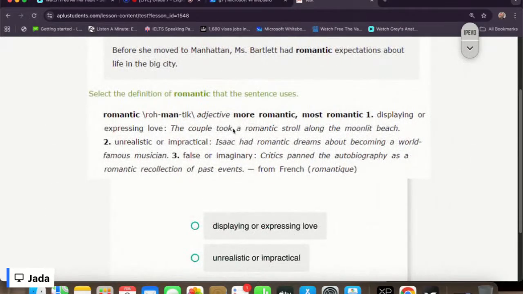Then, since she moved to the city, Miss Bartlett had romantic expectations about life in the big city. So which of the definitions is the right meaning of romantic in the sentence here?